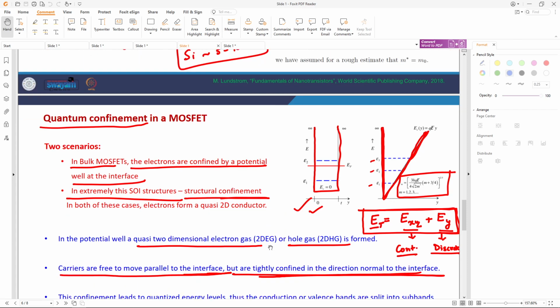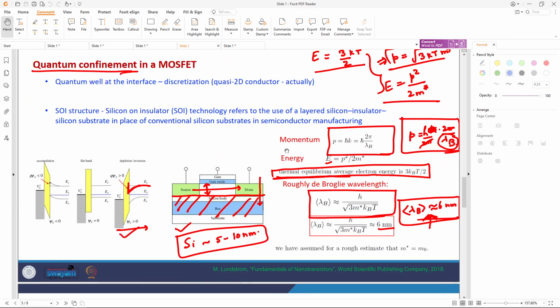Since quantum effects become pronounced, you might remember the notion of subbands from our previous lectures, due to quantum confinement. So now we should not only look at the band structure of a device, we should also look at the subband structure of the device.